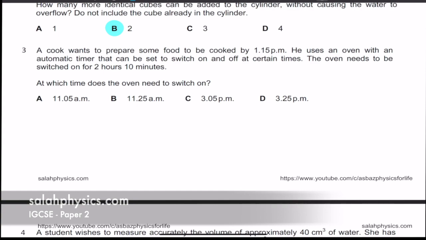At which time does the oven need to be switched on? If the food should be prepared by 1:15, it means 2 hours and 10 minutes before. 2 hours before, it means about 11, and 10 minutes, it means 11:05. So depending on that, the right answer will be A.